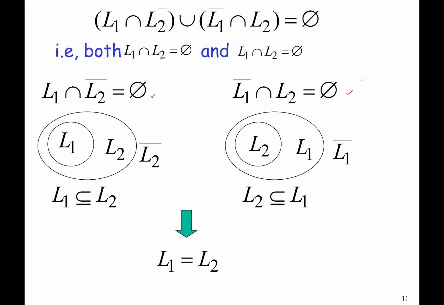So if both properties are true, that means L1 and L2 are exactly the same, they overlap each other. So there are no strings in L2 that are not in L1, and there are no strings in L1 that are not in L2.